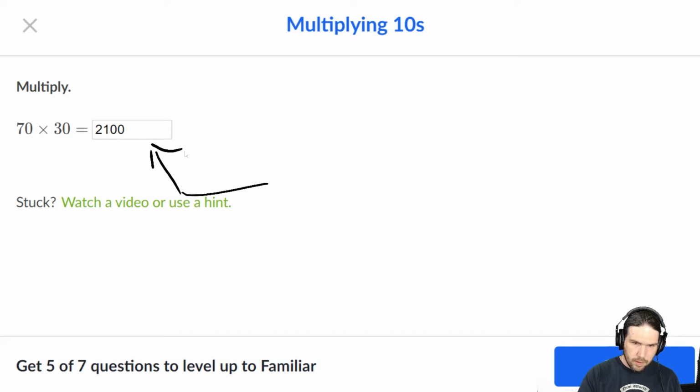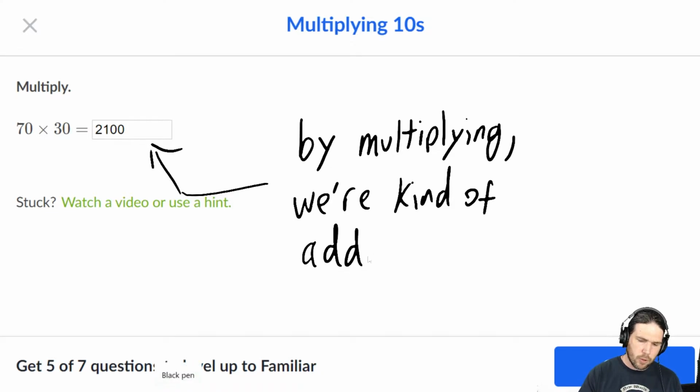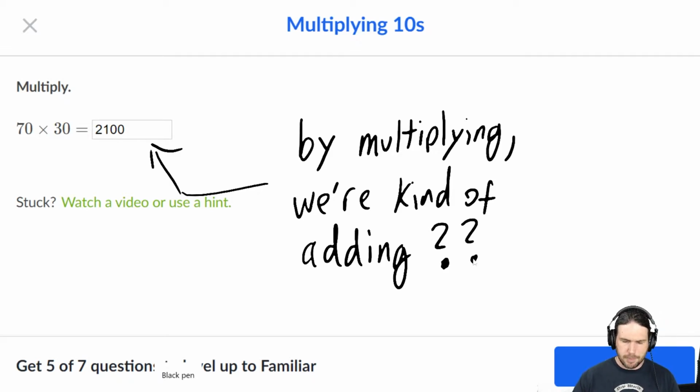But you see how, up here, by multiplying, we're kind of adding? And I'm going to put a big old question mark on that. And another question mark for good measure. Because we're adding zeros, right?